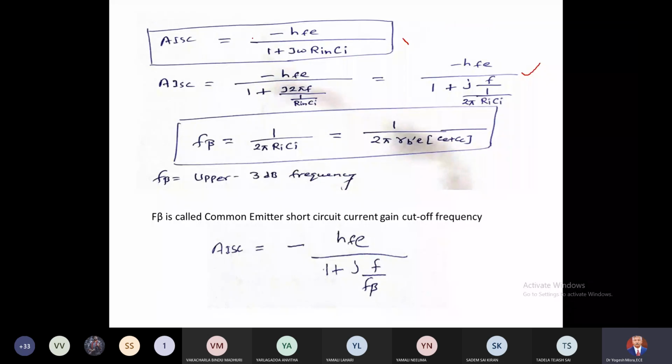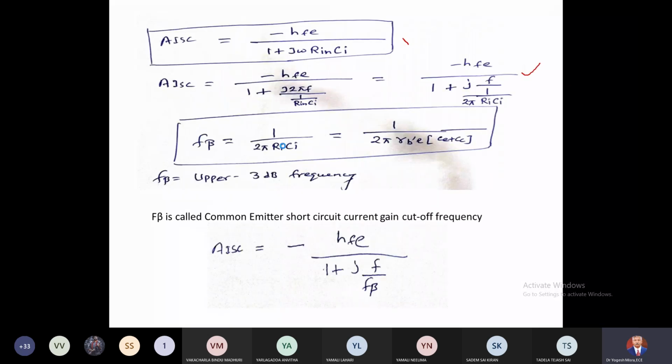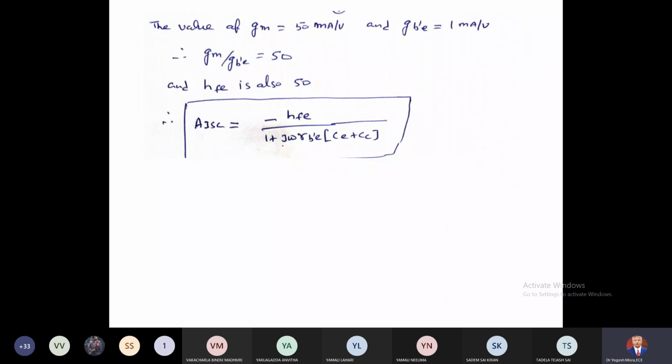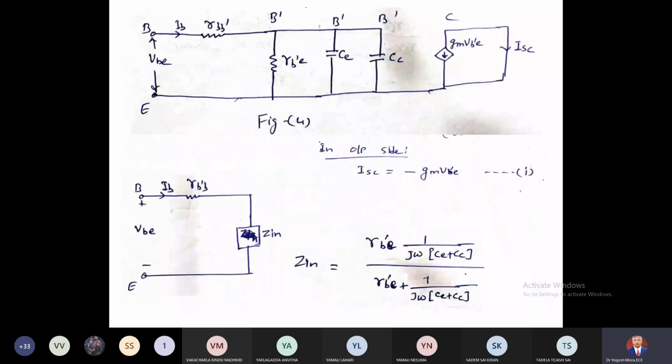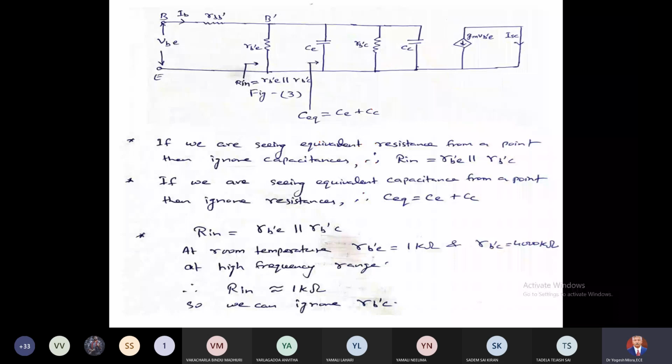See here, this Rb'e. Already we have this Rin. This Rin is Rb'e parallel to Rb'c.